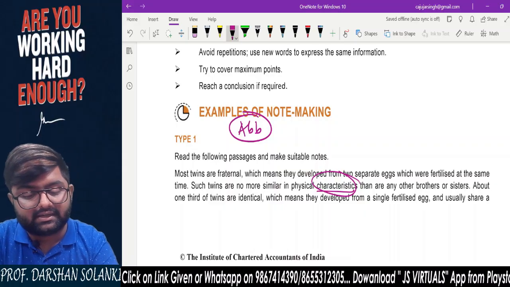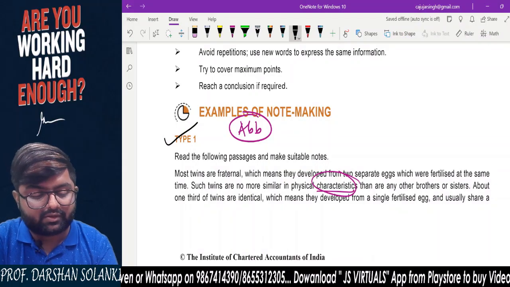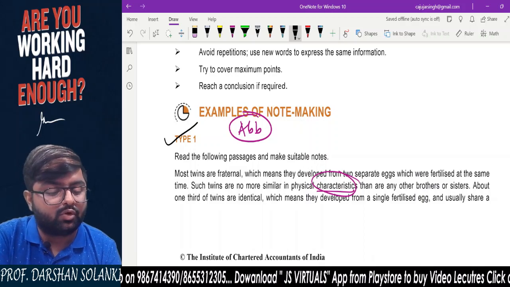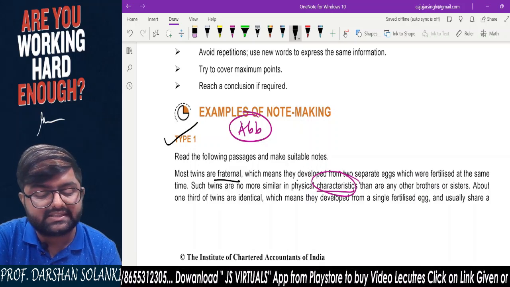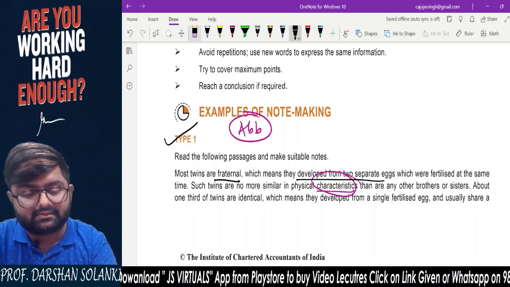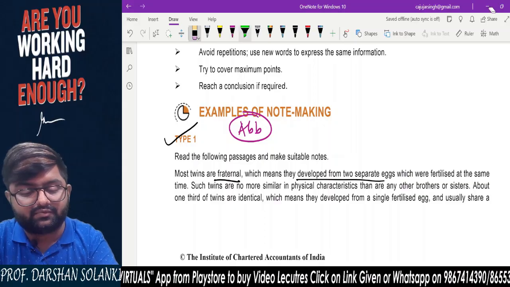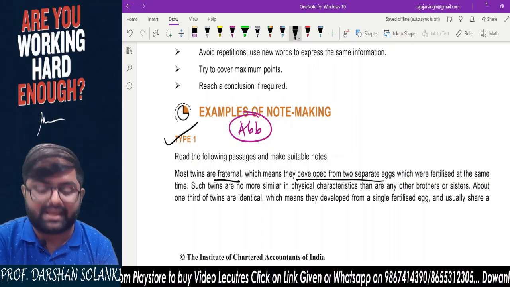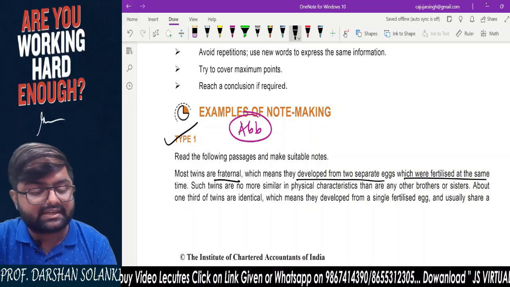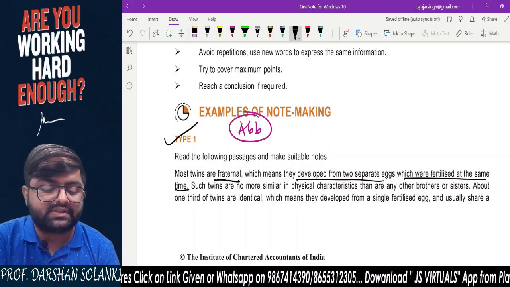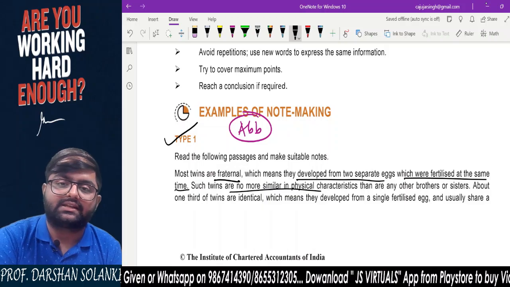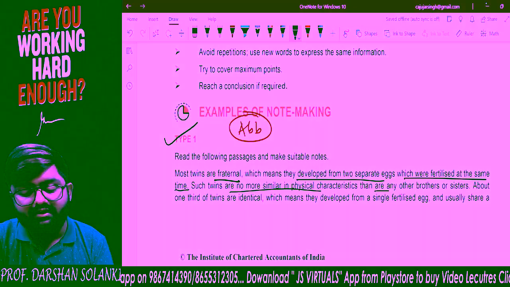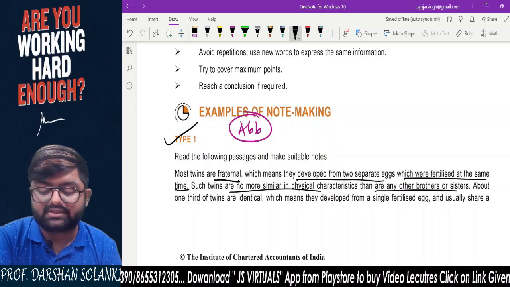Let us understand this particular question, what they have said. Most twins are fraternal, which means they develop from 2 separate eggs, which were fertilized at the same time. Such twins are no more similar in physical characteristics than are any other brothers or sisters.